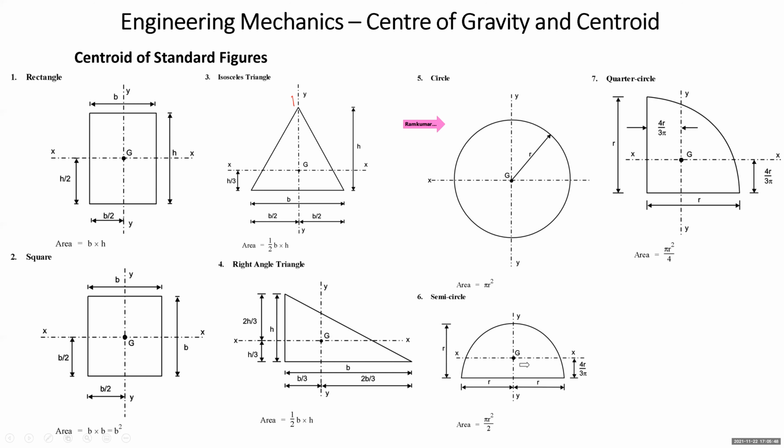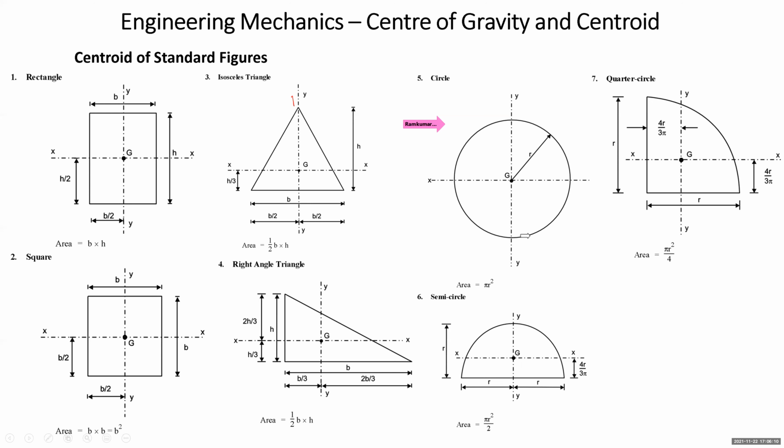You can refer to the book, you'll understand the derivation easily. So if you are using semicircle as a standard figure, you can remember that centroid of semicircle lies at a distance of 4r upon 3 pi from the base, and the other centroidal axis is nothing but the axis of symmetry. Now area of the semicircle will be pi r square by 2.